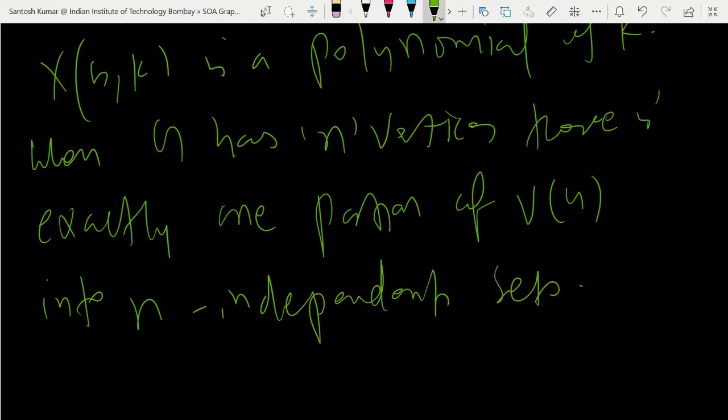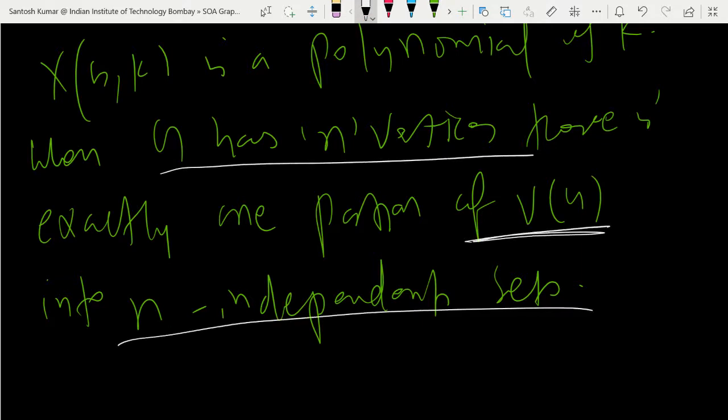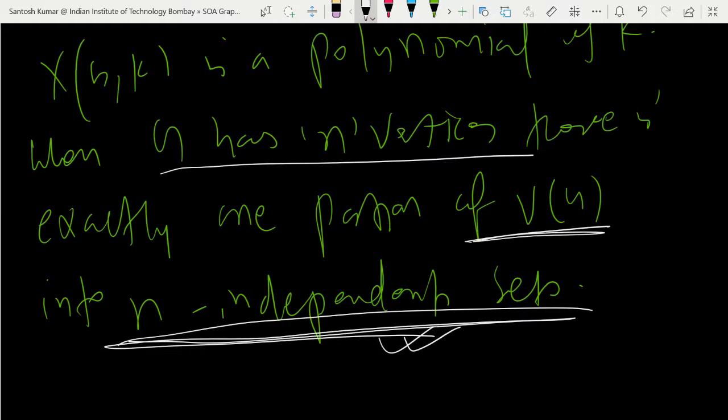So do you understand this line? The graph has n vertices and you want to partition the vertex set into n independent sets. So you have only one way, right? Each independent set will be a single term, है ना? So you want to partition into n independent sets. So each independent set is a singleton set, है ना? Containing one vertex. So you have only one way.